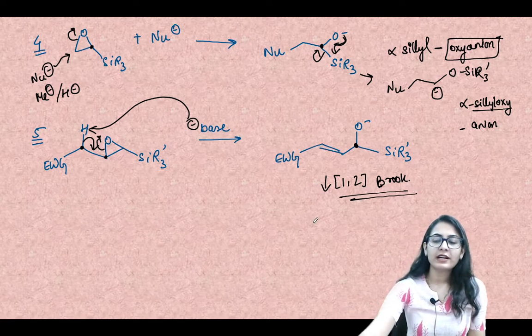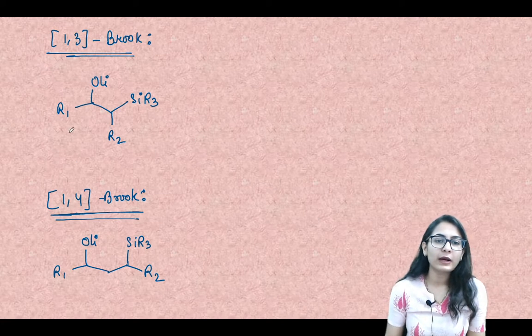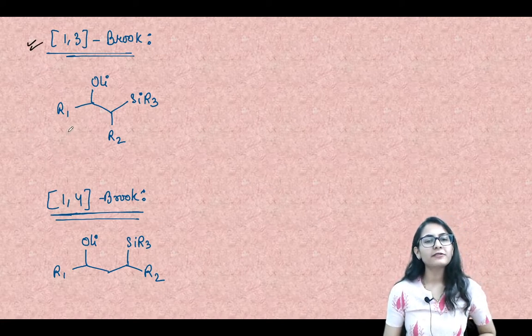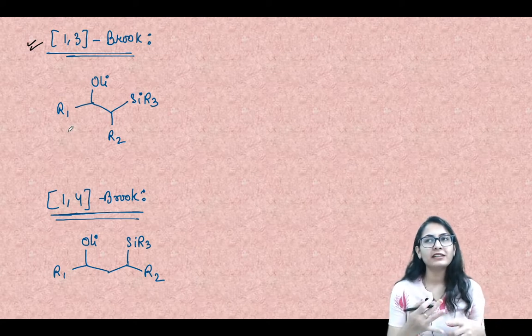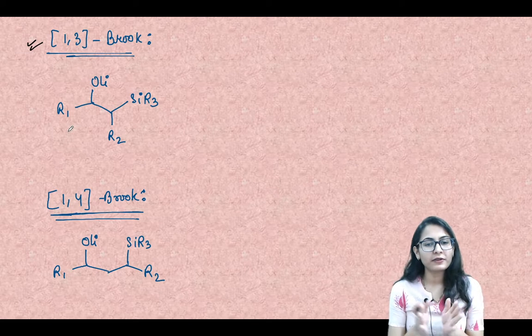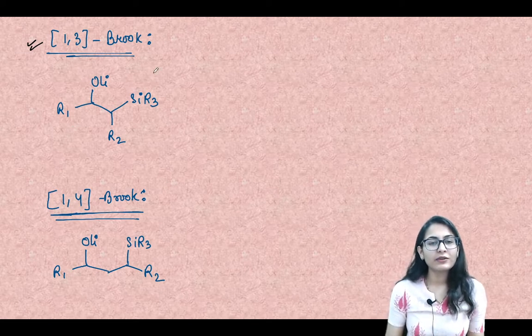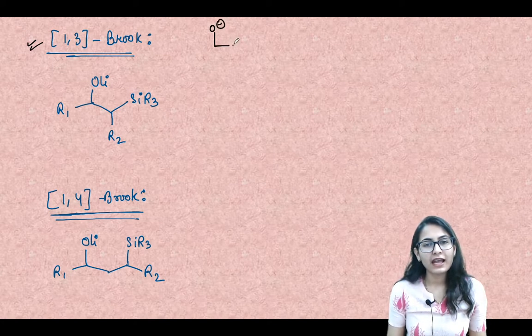Alright, now let's talk about the 1,3 Brook rearrangement as well. Now what is the difference? The only difference is that you are going to have the oxy group and the silyl group at a difference of one carbon, right? So in the 1,2 Brook rearrangement you got O minus and SiR3, for example, on the same carbon.